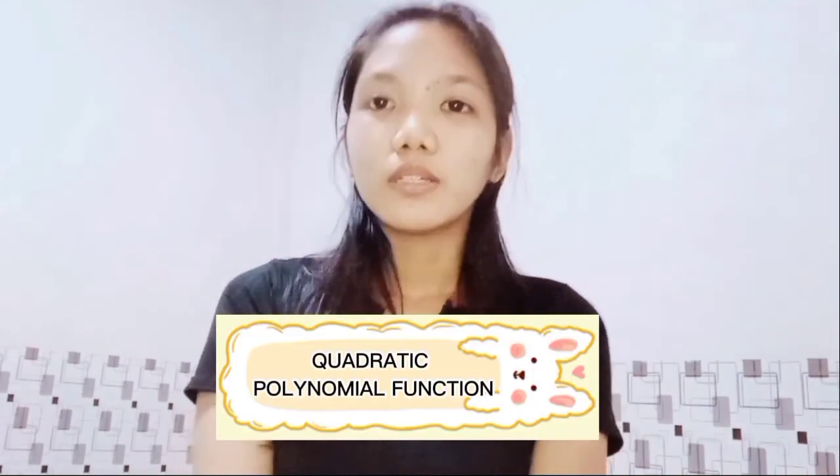Next one is quadratic polynomial function. It is a polynomial function with a degree of 2. So, p of x is equals to ax squared plus bx plus c. So, kapag quadratic polynomial function, ang highest degree niya is 2. Cubic polynomial function.